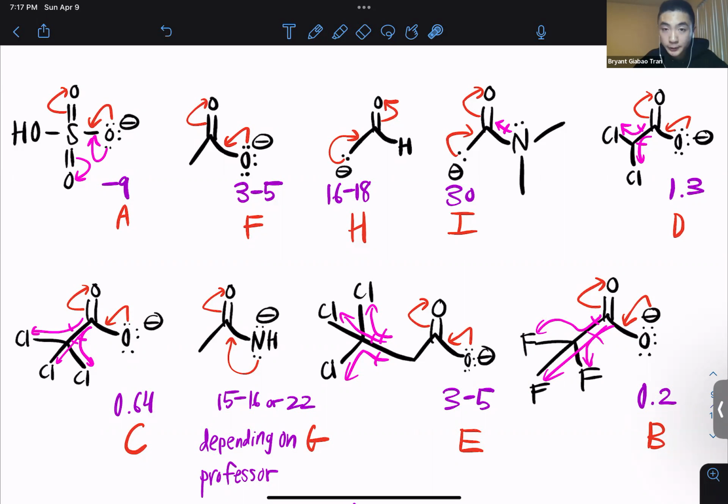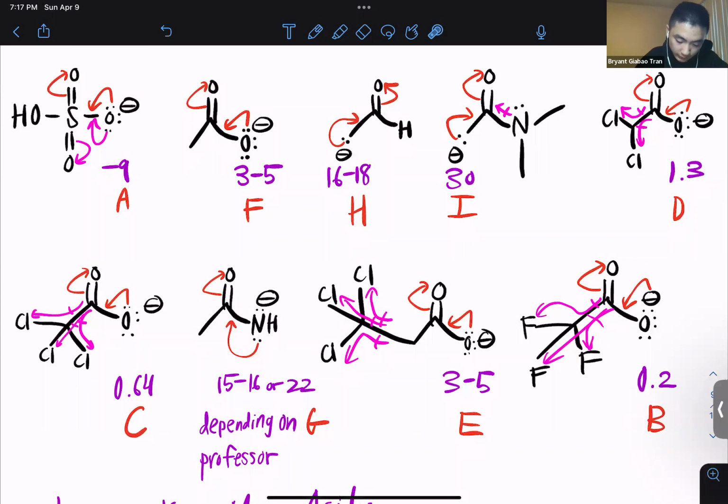And if you're a more stable conjugate base, you came from a more acidic hydrogen. Then our next most acidic would be this compound with a pKa of 0.64. It's similar to the B compound, but the only difference is the chlorine. Since chlorine is less electronegative than fluorine, chlorine will have less inductive effect than fluorine does.